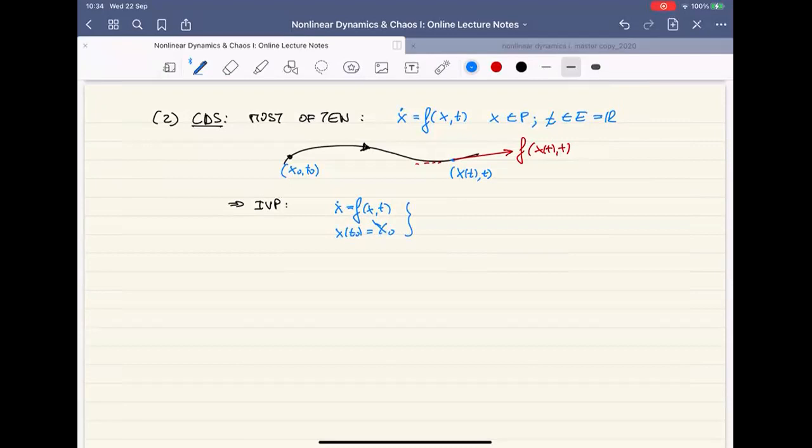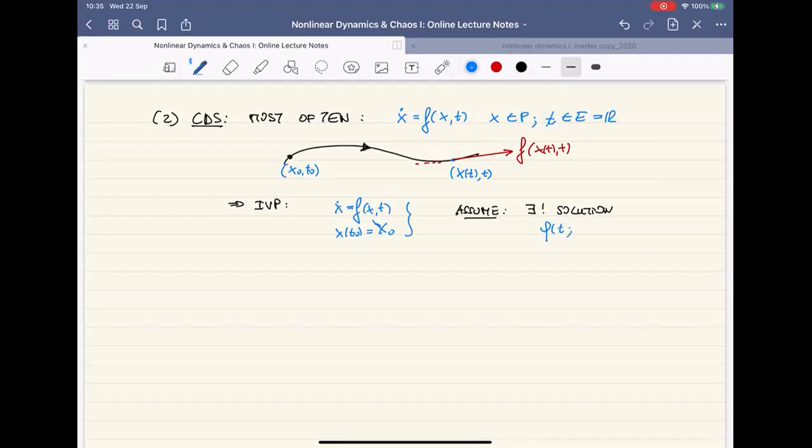So that's immediately a difference relative to the discrete case, because nobody gives you the evolution equation directly. At this point, we're only assuming, but very soon we'll have guarantees for that, that there is a unique solution to this initial value problem. I'll get back to that soon, under what conditions that is a reasonable assumption.